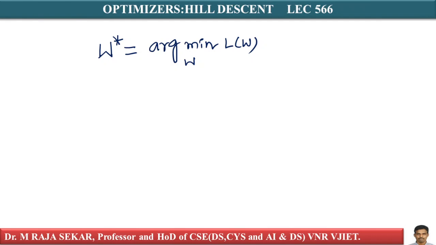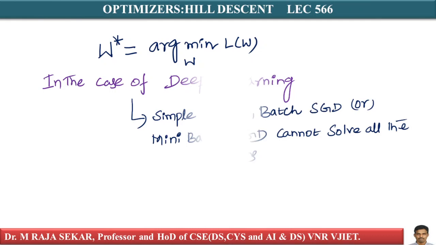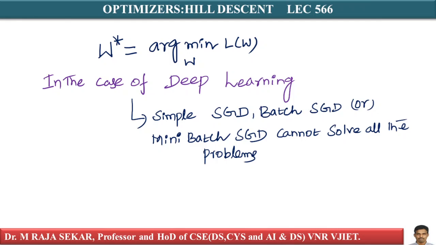Whenever you want to solve an optimization problem, SGD and variations of SGD work very well. But in the case of deep learning, the simple SGD, or even batch SGD or mini-batch SGD, cannot solve all the problems very well. We will see why, and what problems it has.